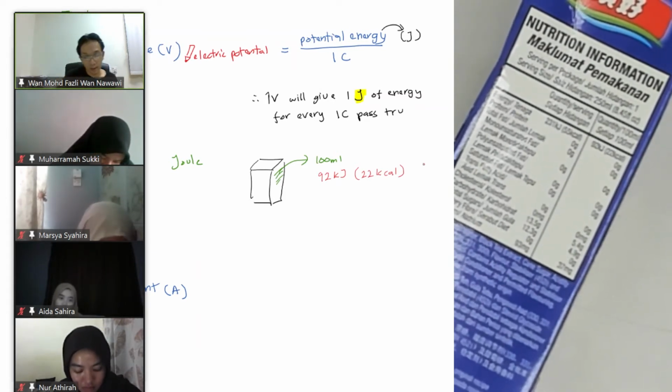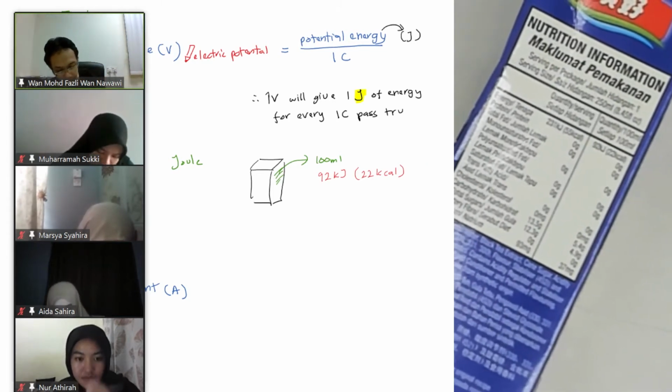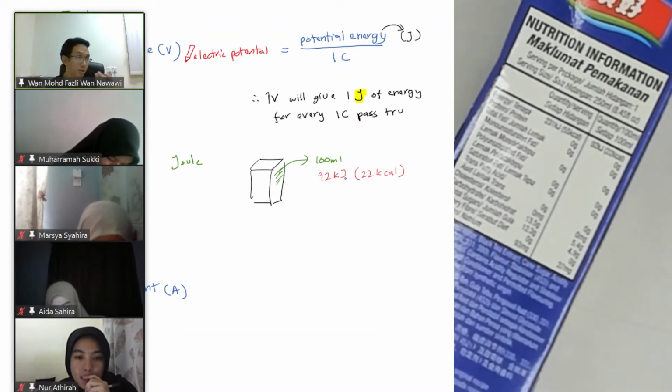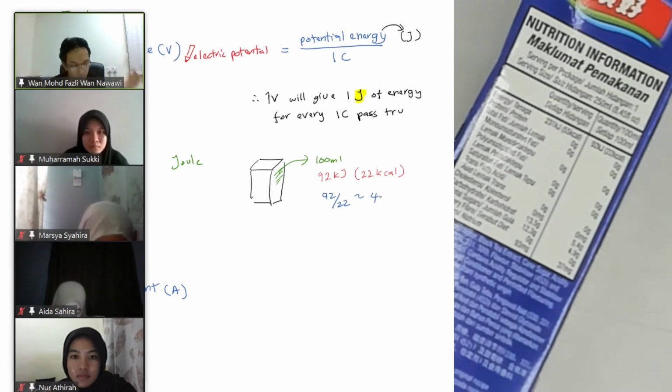So what does it mean here? Joule and calorie are more or less related. Calorie is just another way to talk about energy. Normally when you buy food or whatever, they talk in terms of calories. So 92 divided by 22, you get around 4.1, around 4.